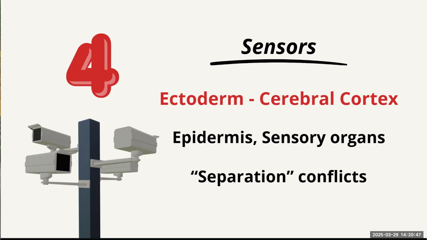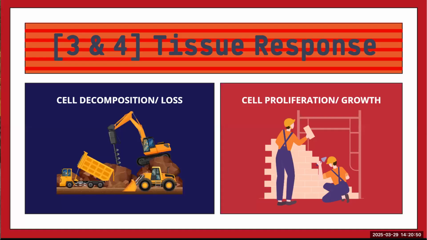All right. And the last two layers have the same tissue response, which is the opposite of the first two. So you just switch those. So now you have cell loss when the patient is actively dealing with a conflict. And once they've moved past that, they now have cell growth. And these are generalizations.